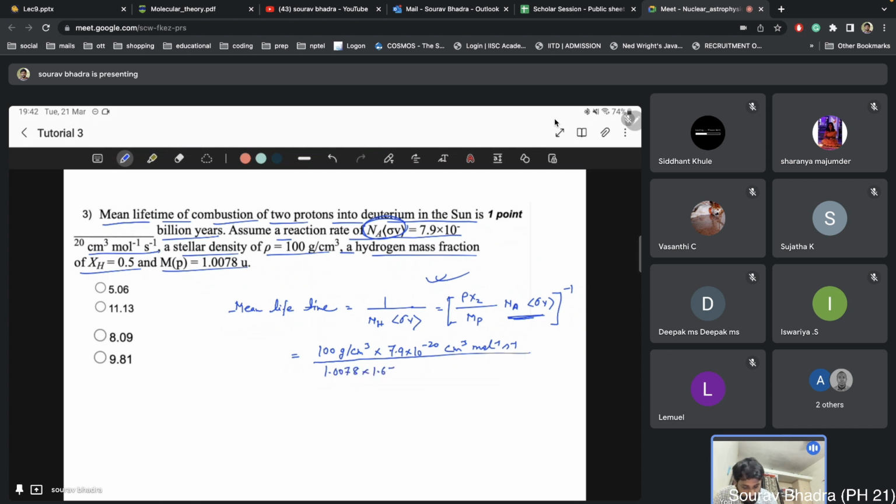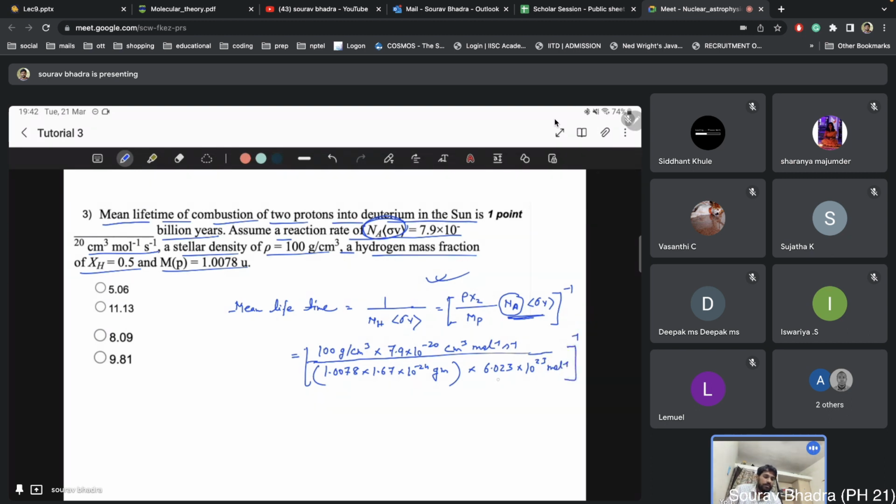So I will convert it into my CGS unit. 1 AMU is 1.67 times 10 to the power minus 24 gram, and as I have multiplied by Na here, we have to divide by that, because the value given is in terms of Na sigma v. Otherwise you will get the answer in mole.